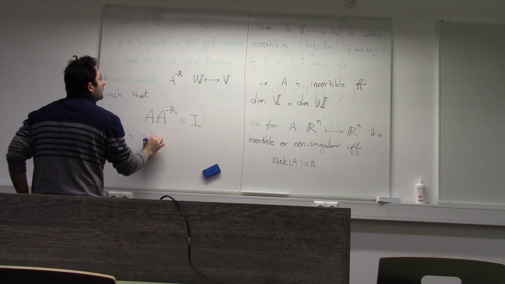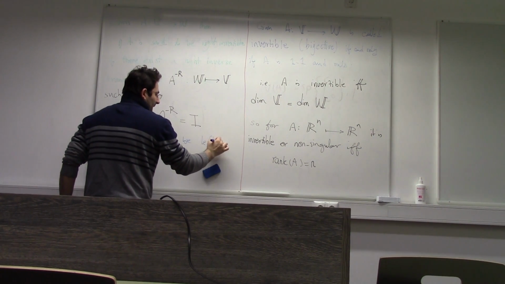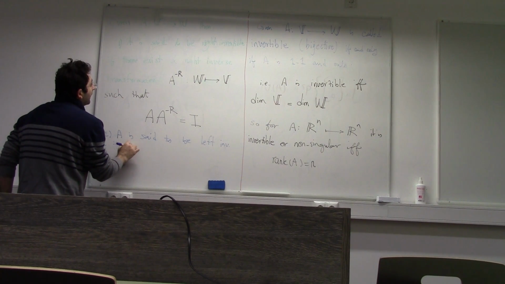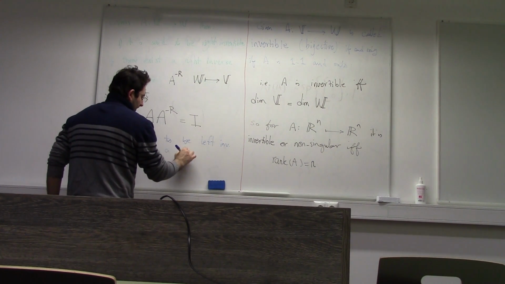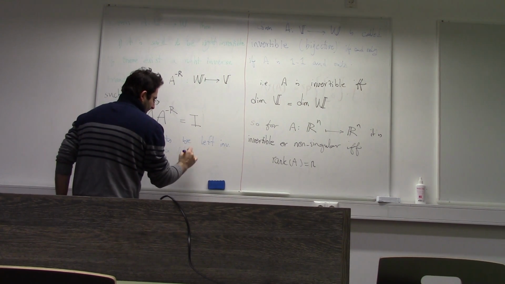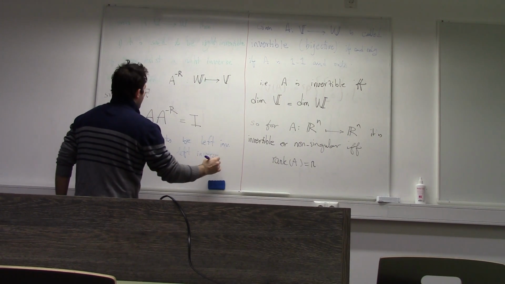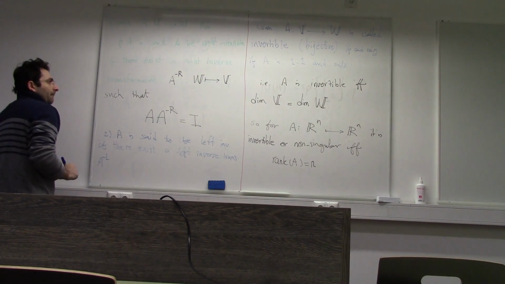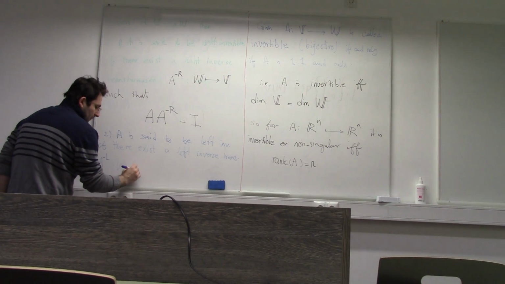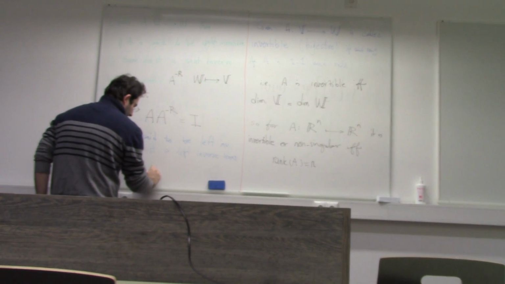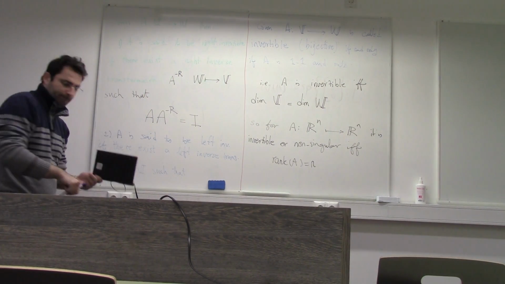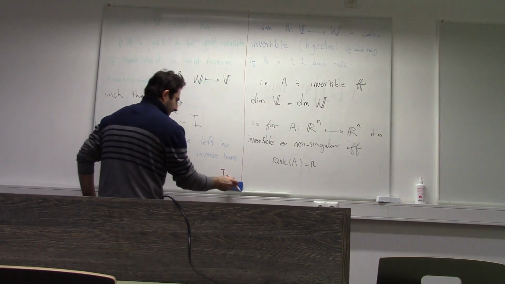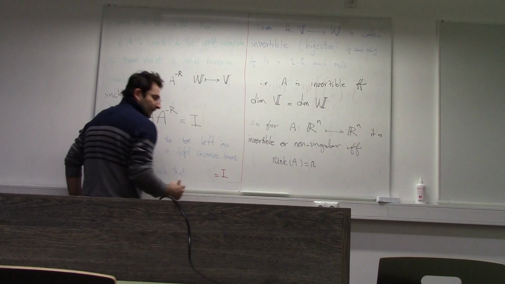A is said to be left invertible if there exists a left inverse transformation A minus L, again from W to V, such that, what do I have to write here?